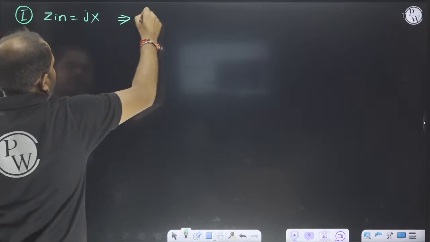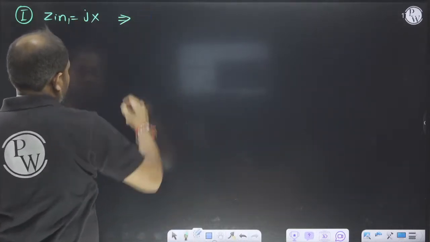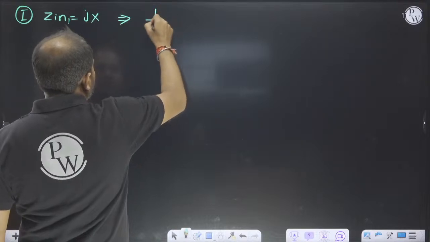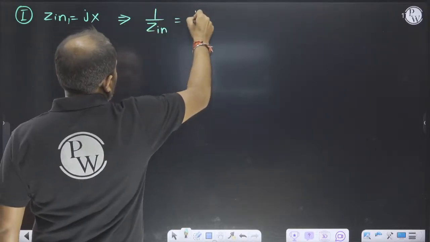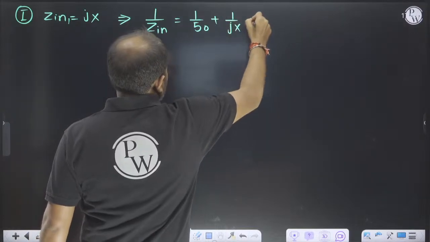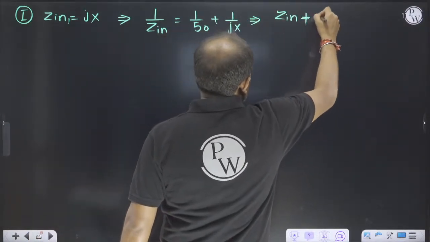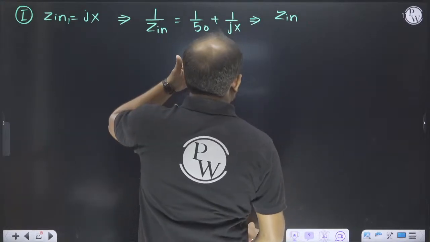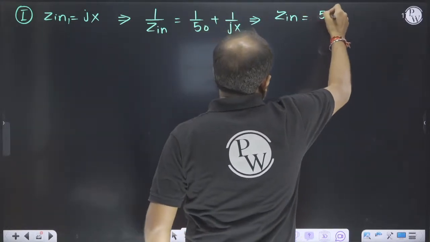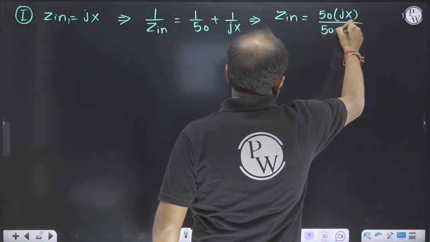That means 1 by Zin is equal to 1 by 50 and 1 by plus jx. So in this case Zin is not equal to 50. In this case Zin is equal to 50 into jx divided by 50 plus jx.